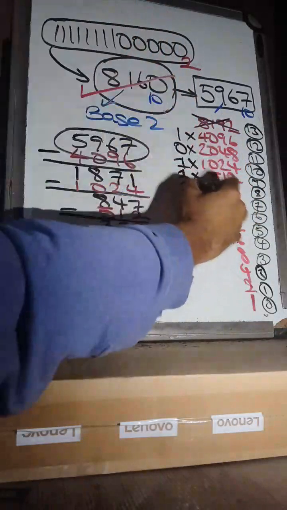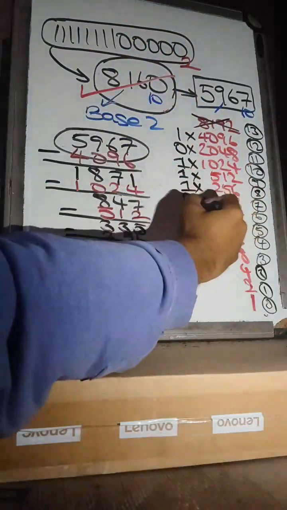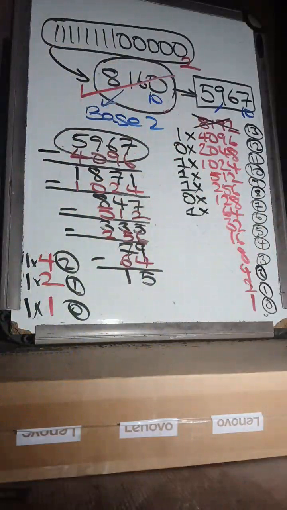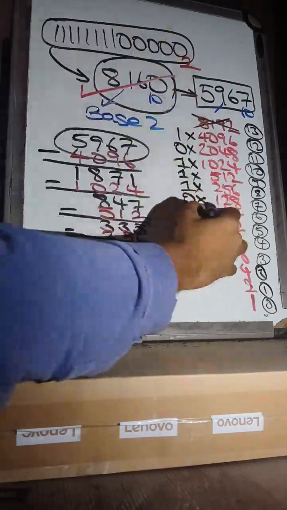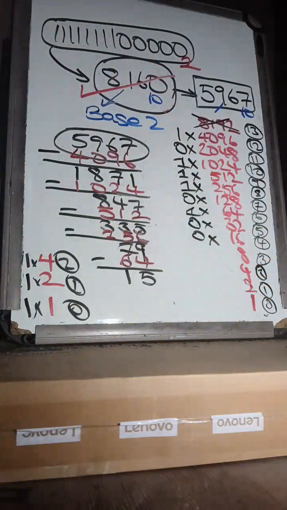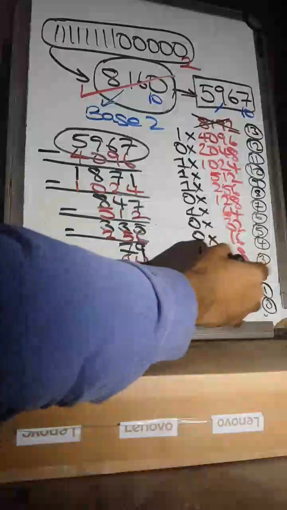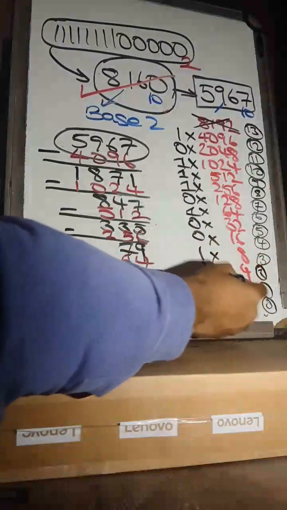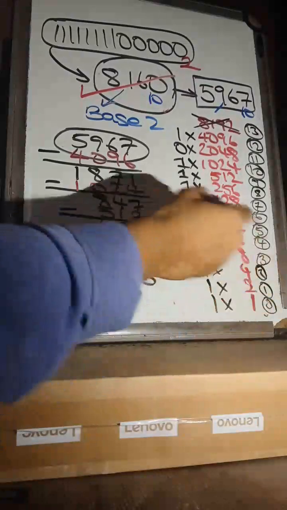We never used 128, but we used 64, and we never used 32 or 16. But then we used 8, 4, 2, and 1. 8 plus 4, 12 plus 2, 14 plus 1, right? So we used 1 of all of that.